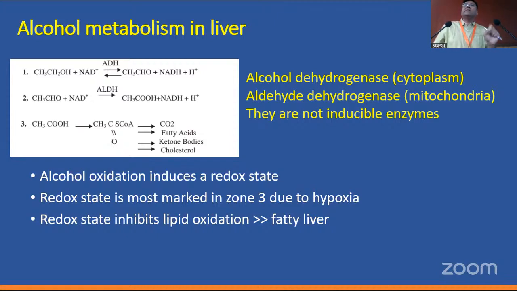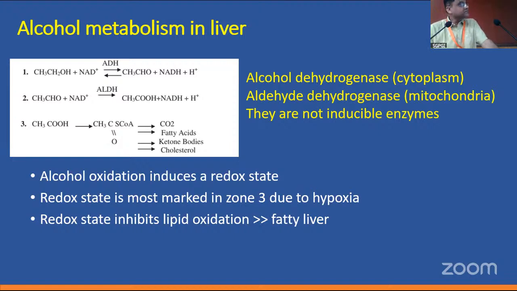So there is relative hypoxemia in the central part, which worsens this redox state and aggravates the pathology. This redox state, because it is producing lots of hydrogen ions, inhibits lipid oxidation. So lipid is not oxidized, which leads to lipid deposition, leading to fatty liver disease.